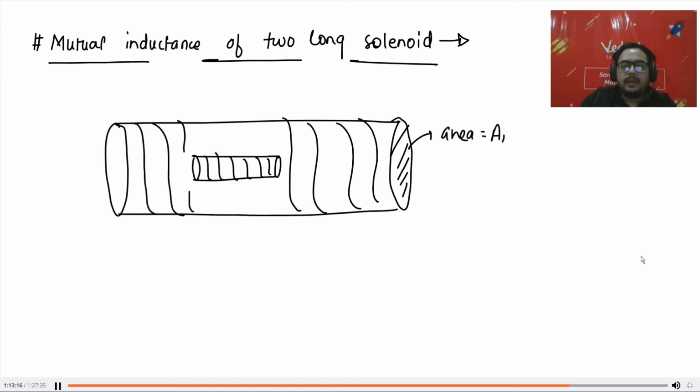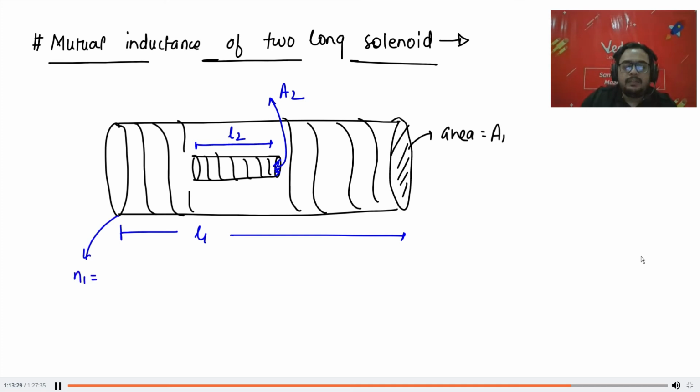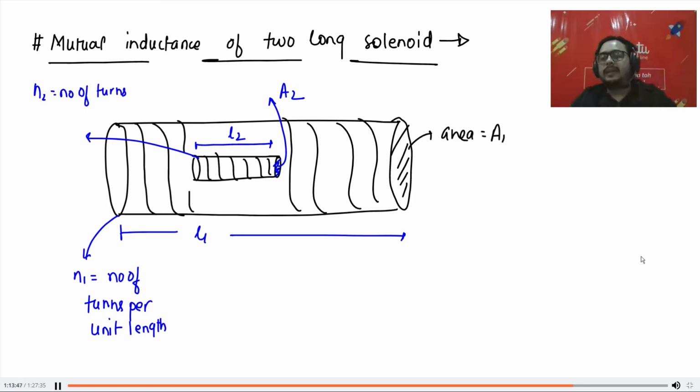If L2 is the length of the inner solenoid, L1 is the length of the outer solenoid, N1 is the number of turns per unit length in the outer solenoid, and N2 is the number of turns per unit length in the inner solenoid, we have to calculate their mutual inductance.